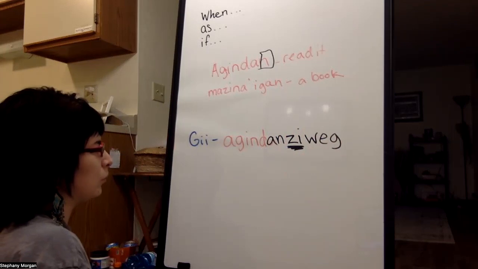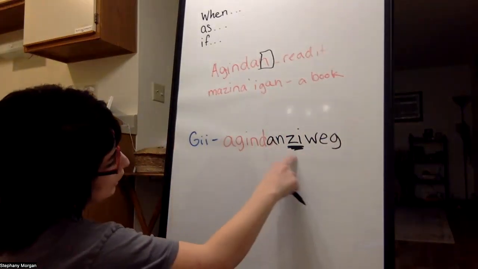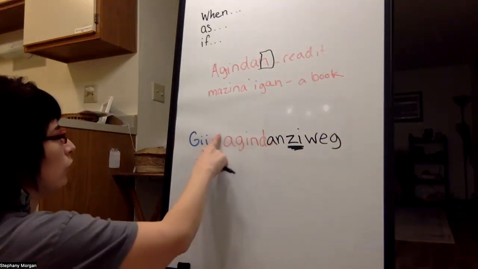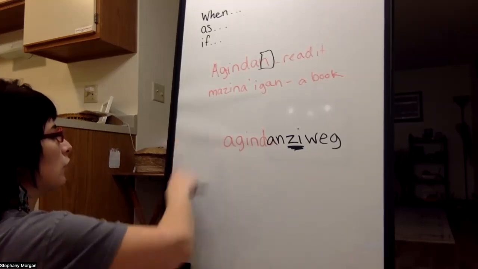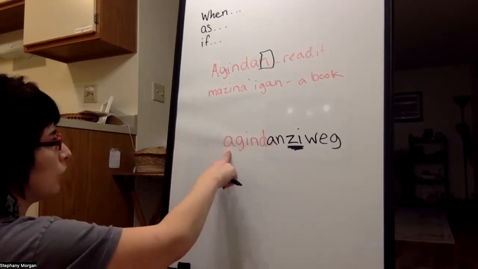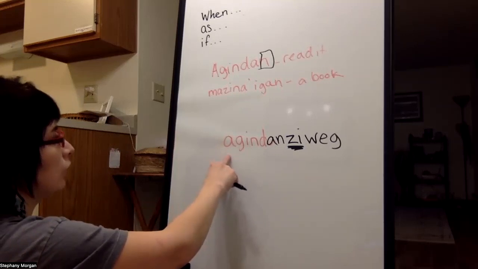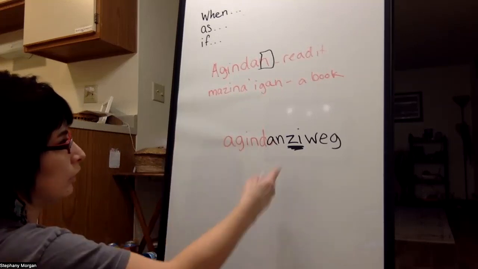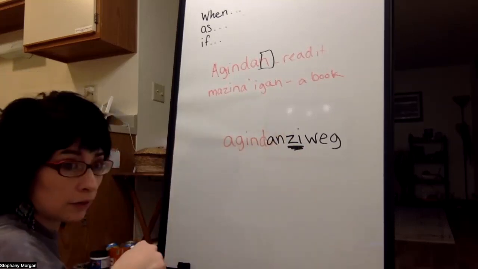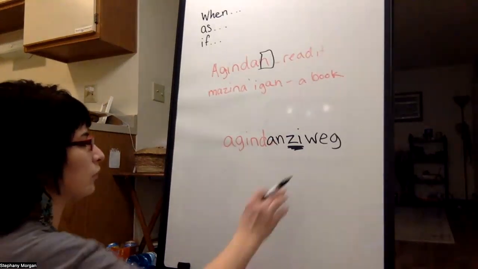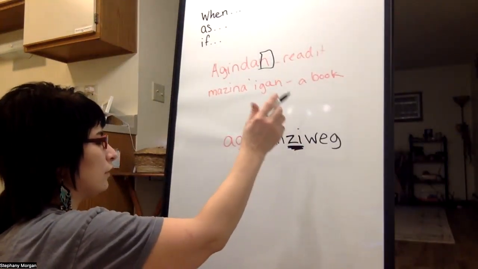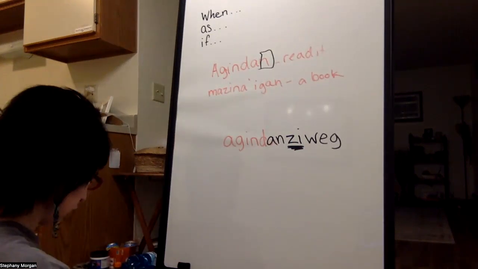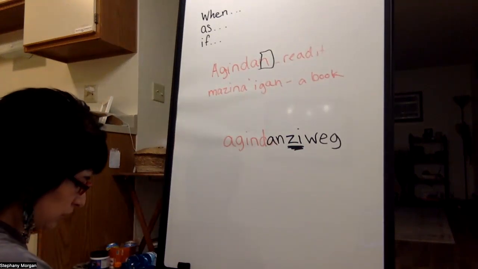Use are reading, but now it's when used we're not reading, or without this time tense, now we're in present. As or if use are not reading right now, "again done ziweg." And you hear that "zi" in there and you know it's negative. So this is where listening comes in.